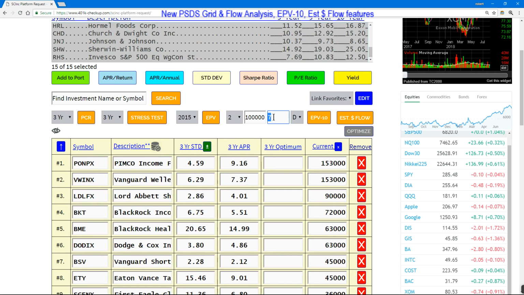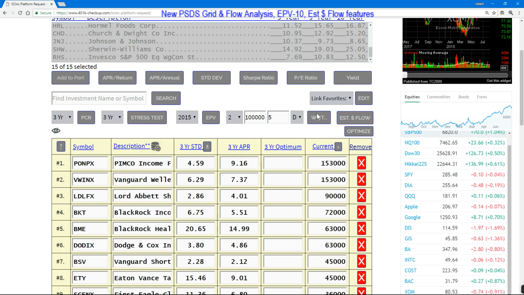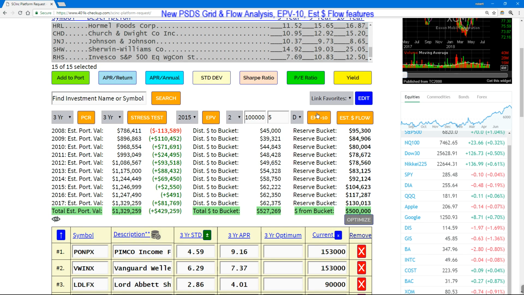Let's cut this back to 5%, and we run the same analysis. With this portfolio, could I take $1 million, pay out $50,000 a year, have a cushion of 100,000, 2 years of income, and still grow the account? And you can see, okay, we were down 113. That included the transfer of $45,000 out of here into the bucket. The first year we dipped, we kept.